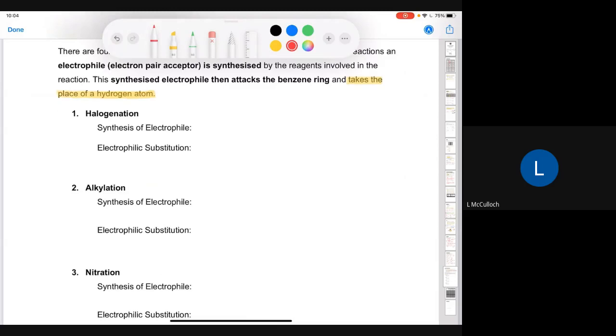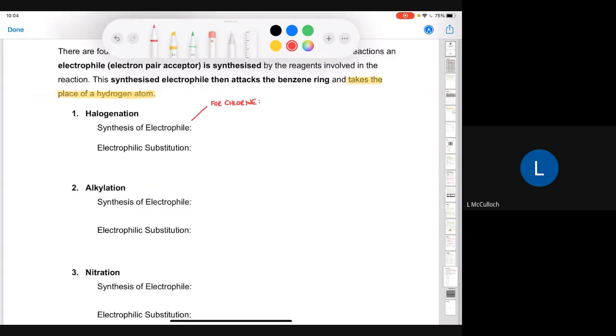So for a halogenation reaction, we will use our halogen. I'm kind of going to split this into two, for chlorine and for bromine, because we do need to know both.